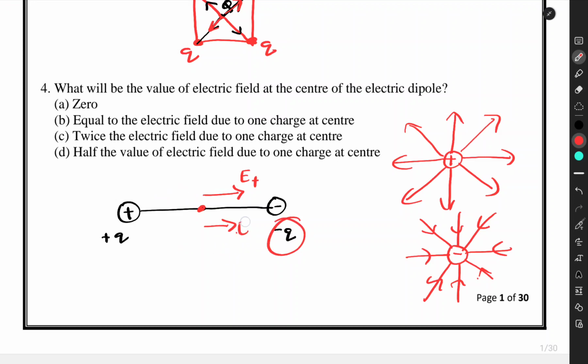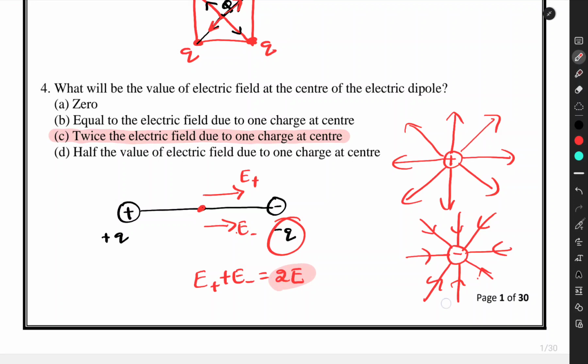So E plus and E minus are in the same direction and have the same value, so we'll get 2 times that value E. That's why the option is: electric field at the center of the dipole is twice the electric field due to one at the center. So electric field due to the positive charge and due to the negative charge will be the same, so if you add them you will get 2 times that.